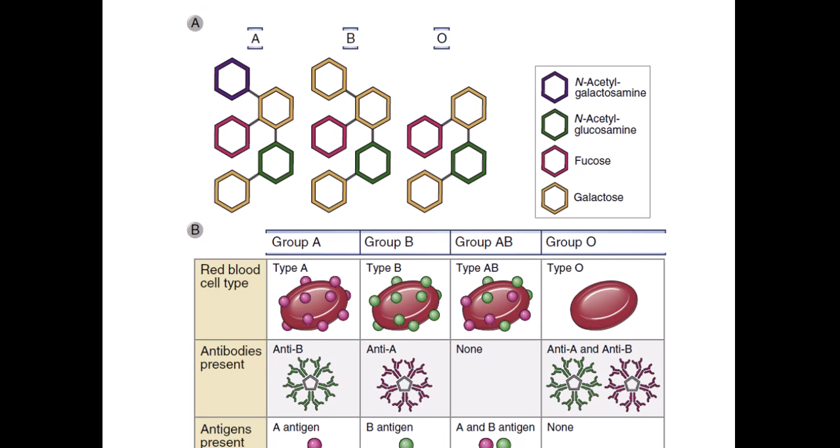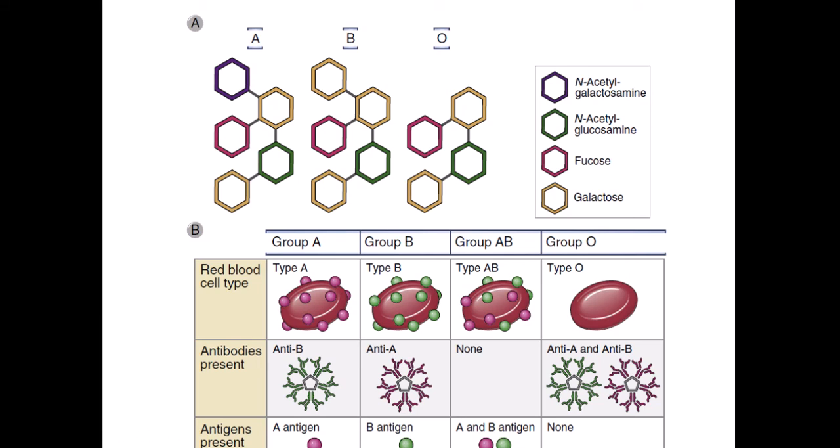So in the ABO blood group system, the blood group antigens, A and B, are carbohydrate antigens that are present on the surface of the cells. Blood group A is N-acetylglucosamine, for example, and blood group B is D-galactose.